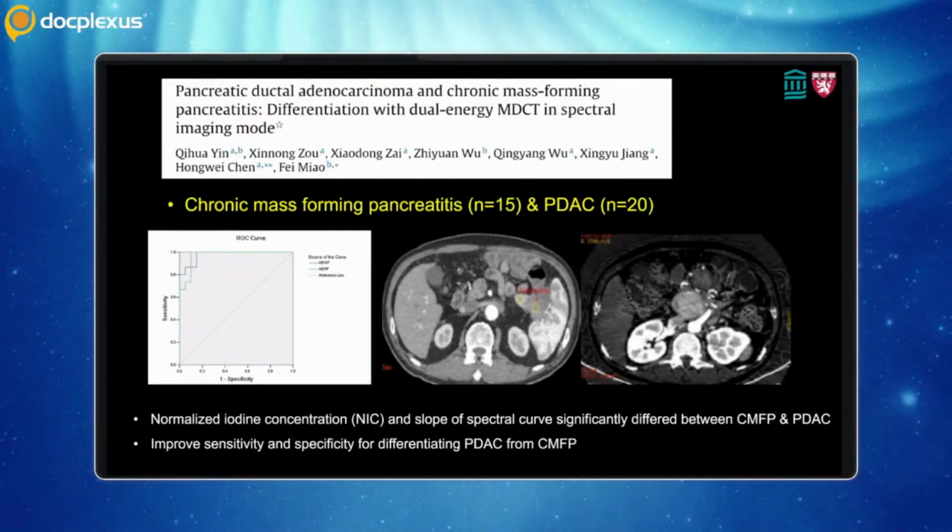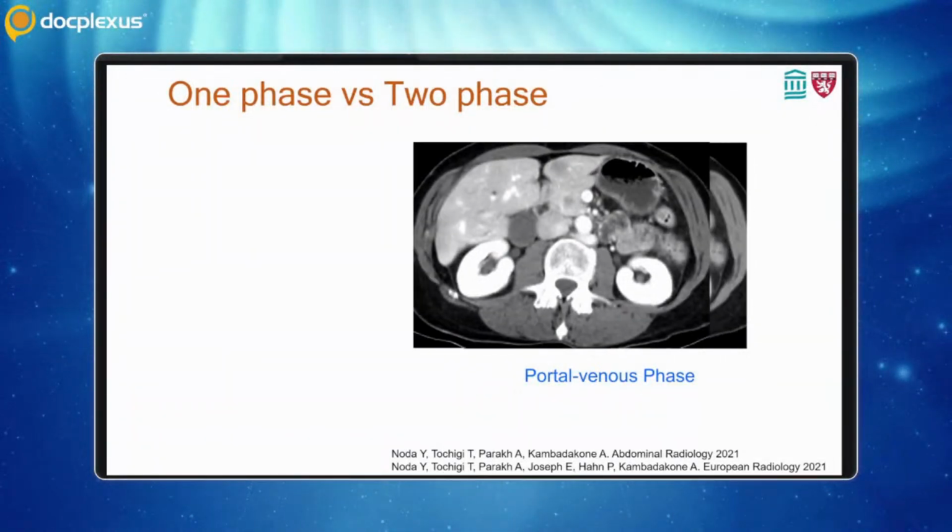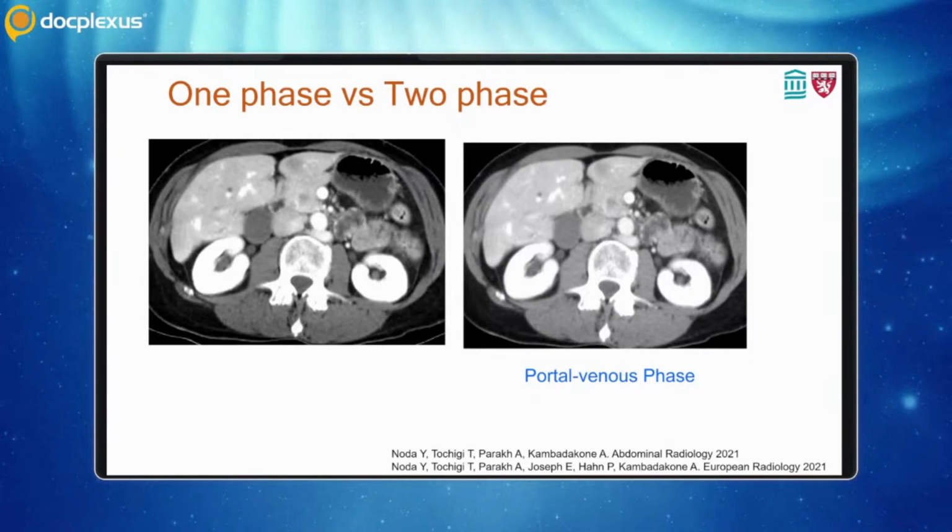Another fascinating advantage of dual energy CT is that it allows you to generate multiple different types of image data sets. We did a hypothesis generating study where, from a single portal venous phase acquisition, we generated a low kV monoenergetic image and tried to see if it could be a surrogate for the pancreatic phase.